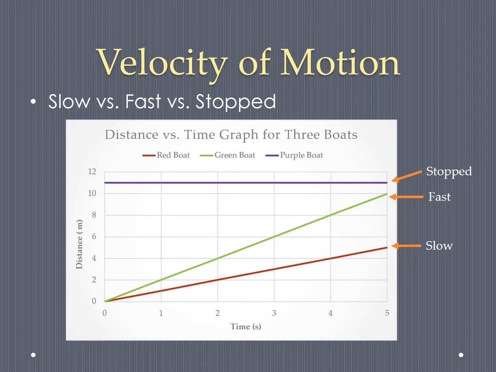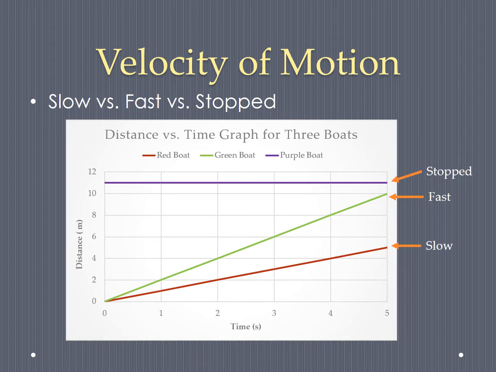This also means that the steeper the line on a distance time graph, or the steeper the slope of the trend line, the faster the object must be traveling. If we then look at the purple boat, at time 0, the position of the purple boat is 11 meters away from the origin, or the 0 mark.